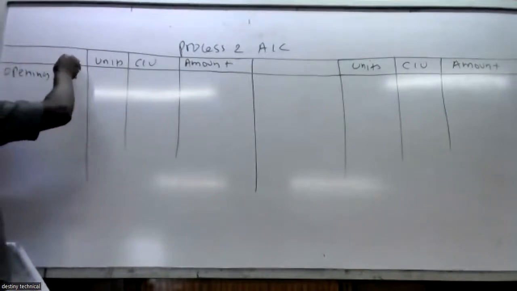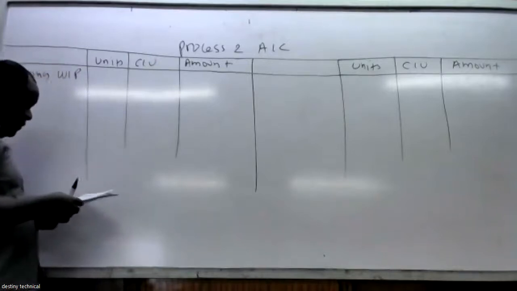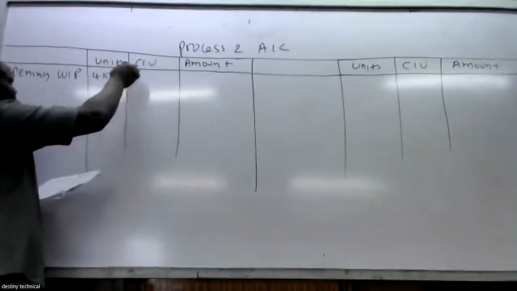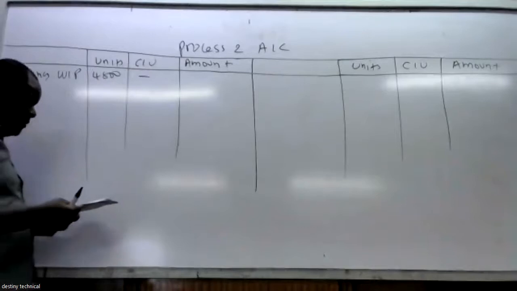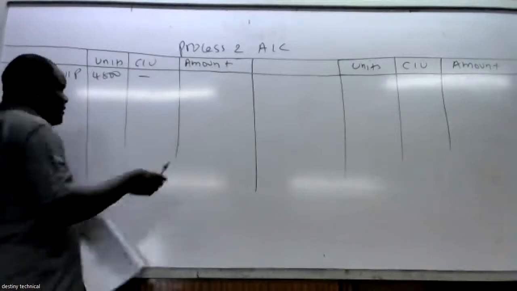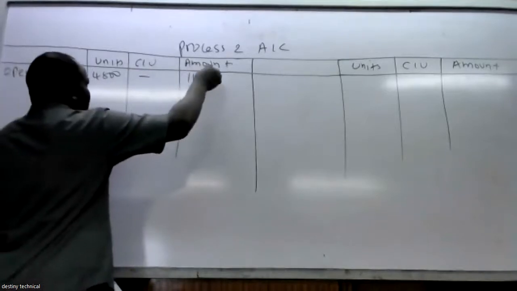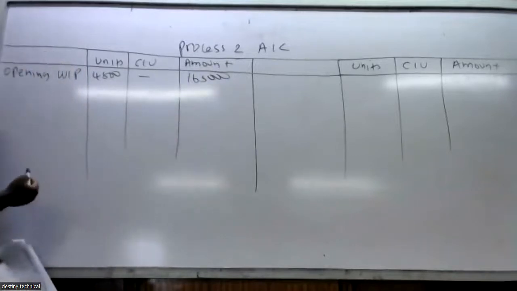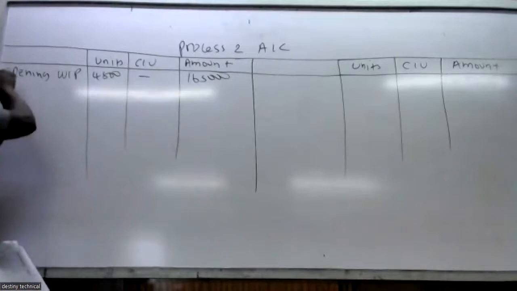Opening work in progress. So there were basically in the note in the first paragraph, 4,800. They had been valued at 165,000. Then there is also material from process 1.